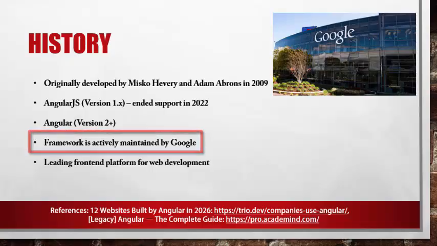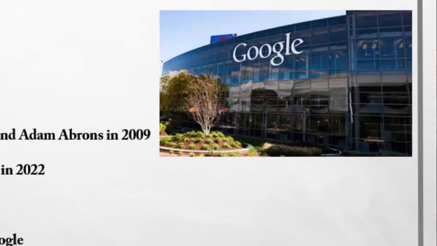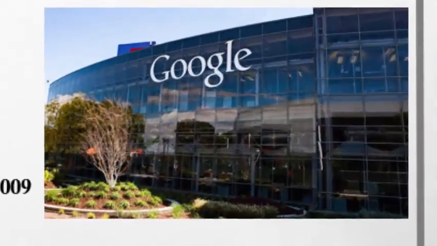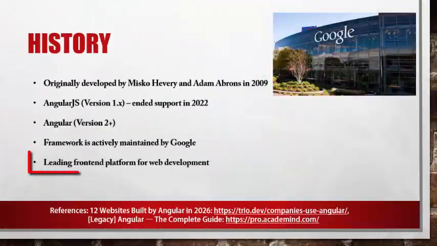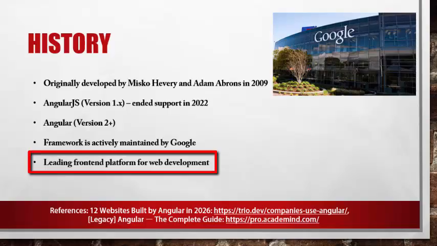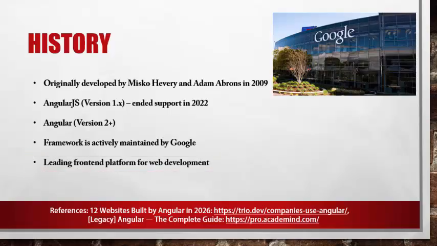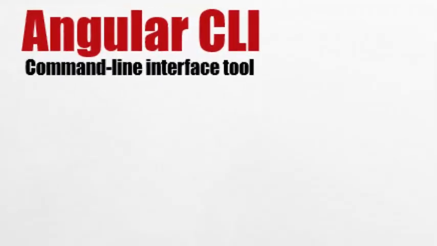And this Angular framework is now actively maintained by Google. It is a leading front-end platform for web development. With Angular, you can use what is called the Angular CLI, or in other words, Angular Command Line Interface. So it's a command line interface tool.